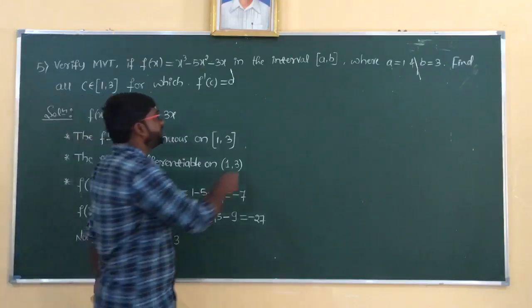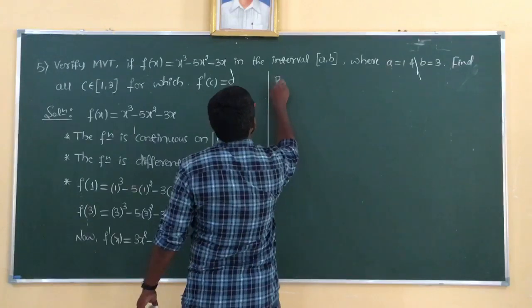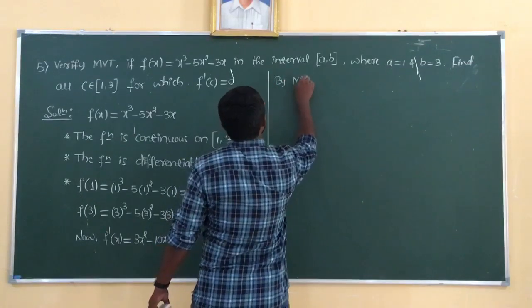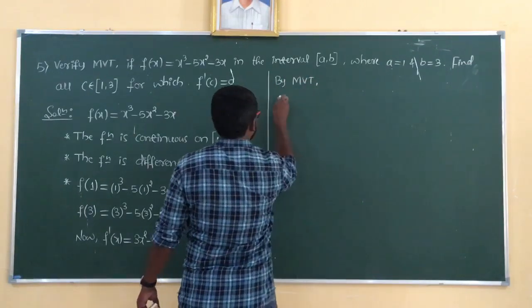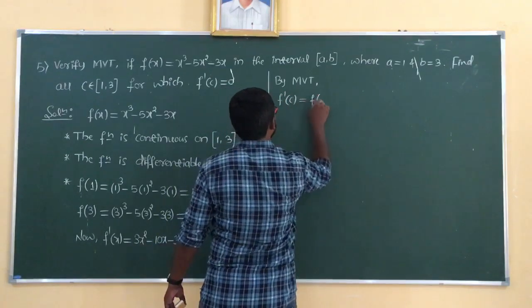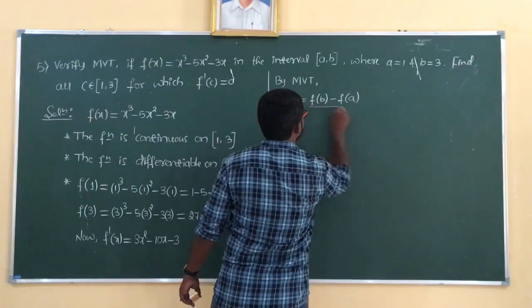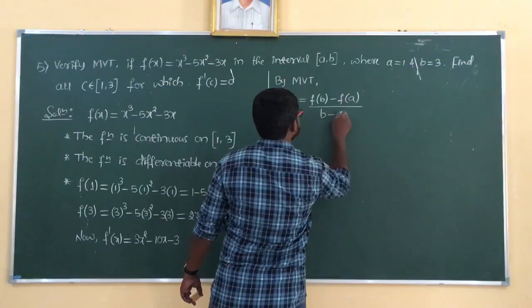Now by MVT, the mean value theorem, f dash of c is equal to f of b minus f of a divided by b minus a.